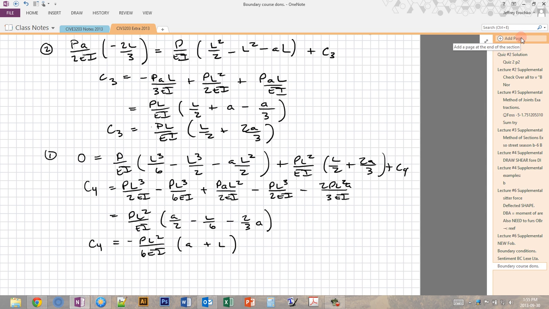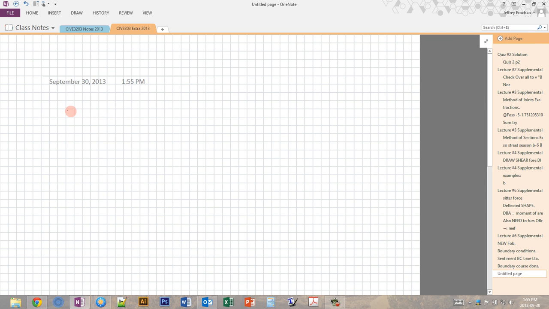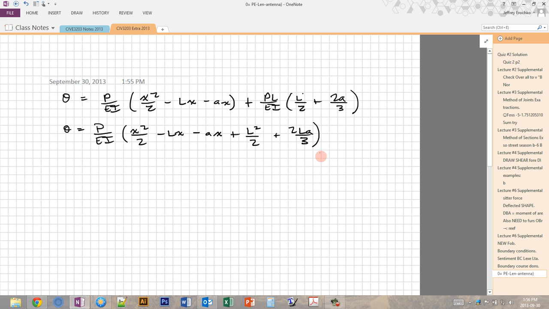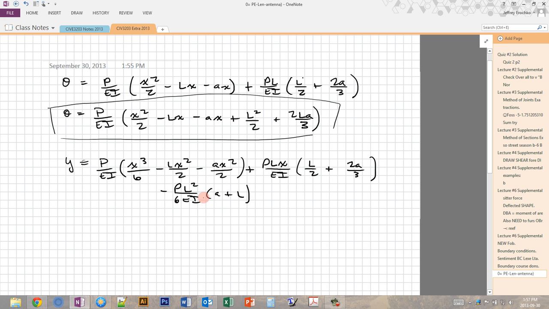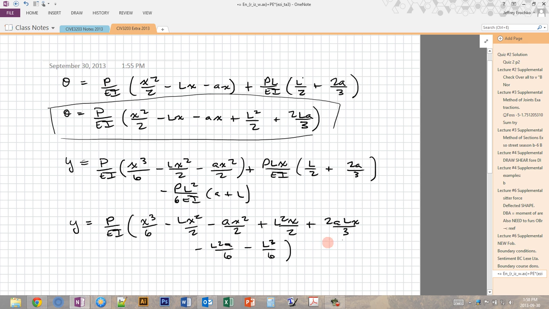So now that I know those boundary conditions, C3 and C4, I can sub them back in to find theta. And again, after we collect everything together, we can't simplify it very much, so we end up with this big equation, and that gives us theta between x equals L and x equals L plus A. Then we do the same thing for the displacement, where this is the original main part of the y equation, then this is C3, this is C4, and we can collect all the terms, and then we end up with this big expression.